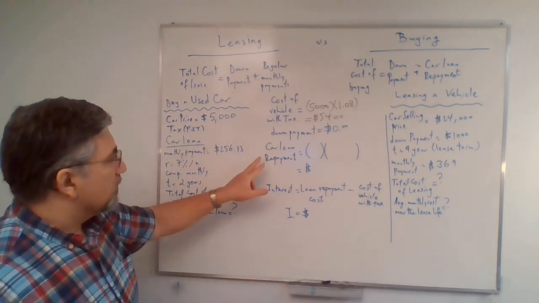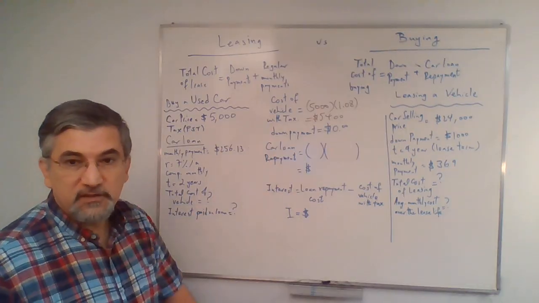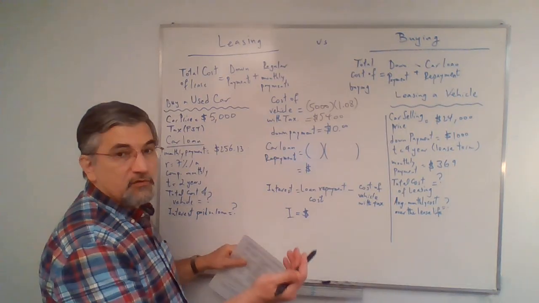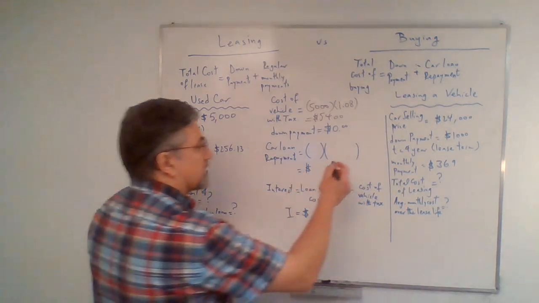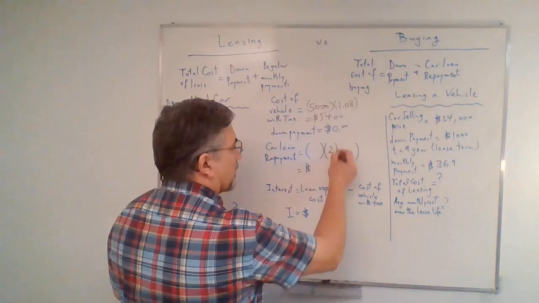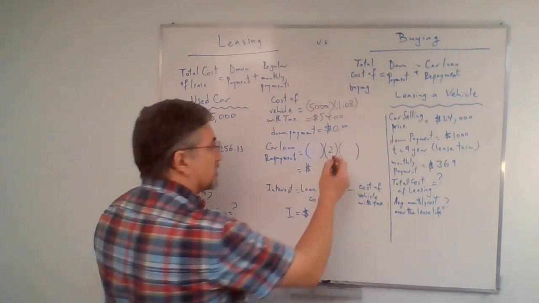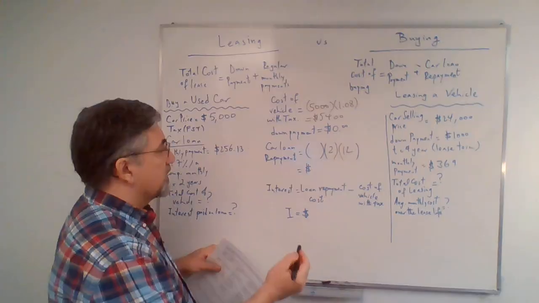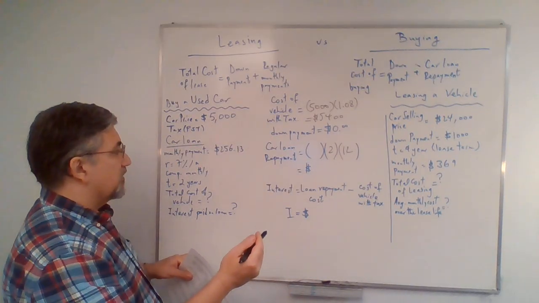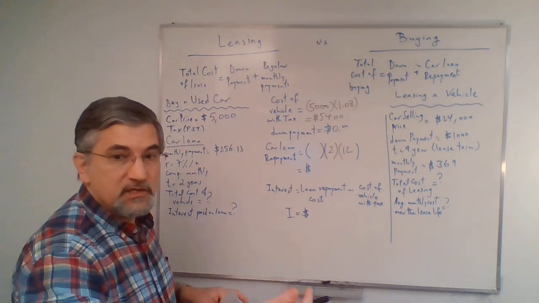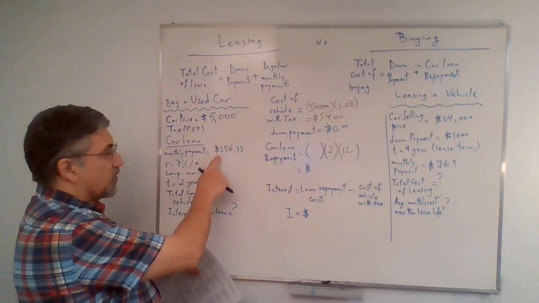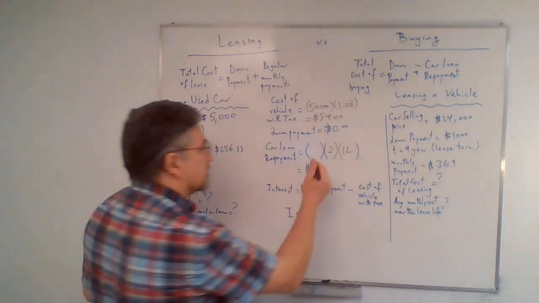So the car loan repayment would be the following. So 2 years, that is 2 times how much? 2 times 12 months, right? So that will be 24. And the amount that you pay monthly, the bank told you $256.13.